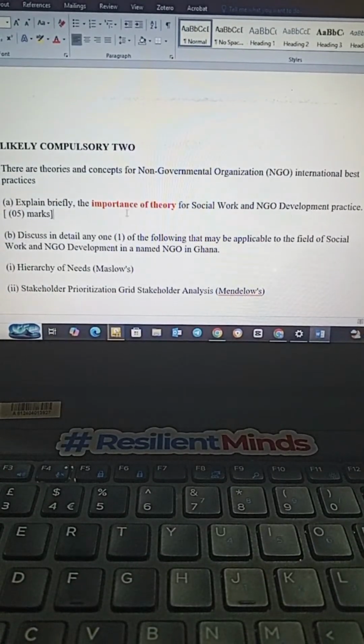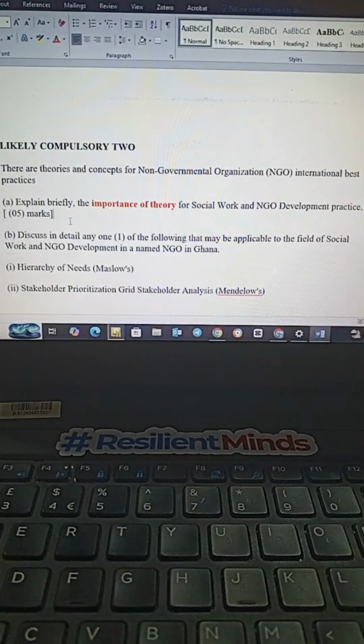Before you answer the question, make sure you first define what a theory is. A theory is a set of ideas and principles that help social workers to understand human problems, human behavior and also social systems.